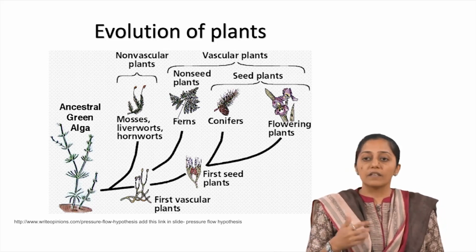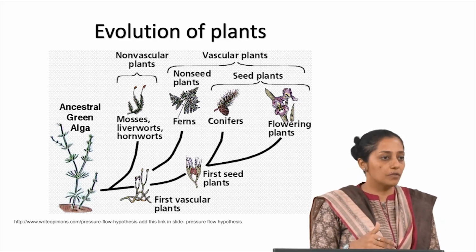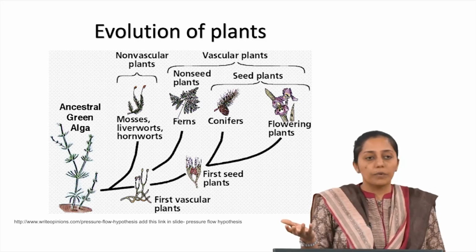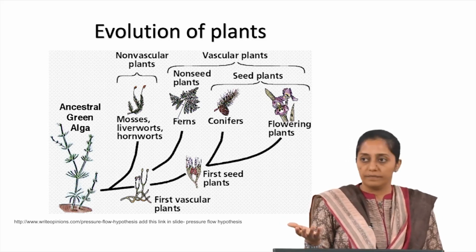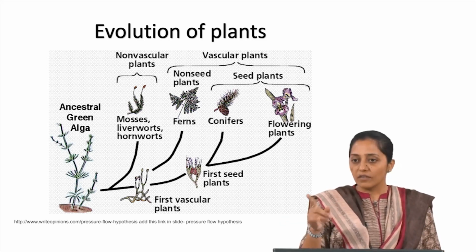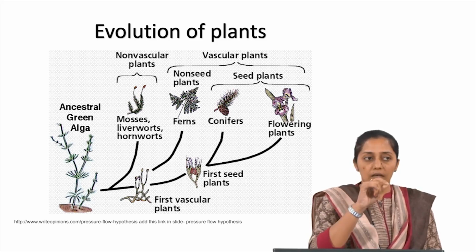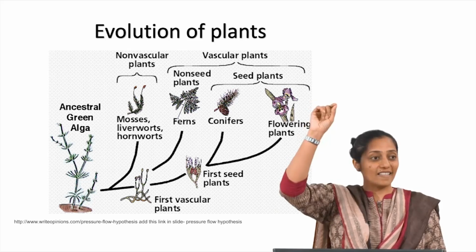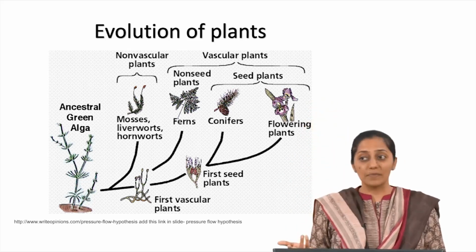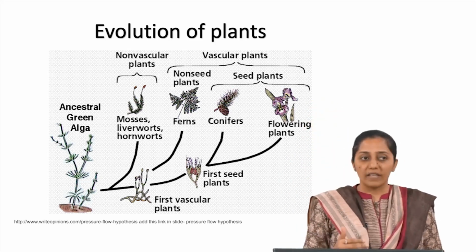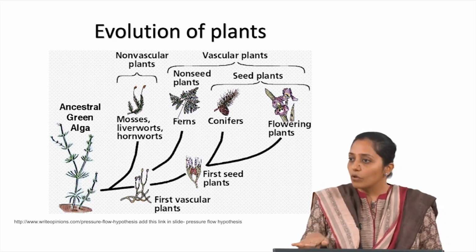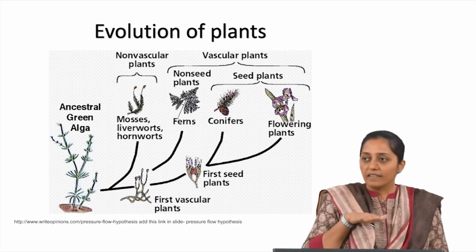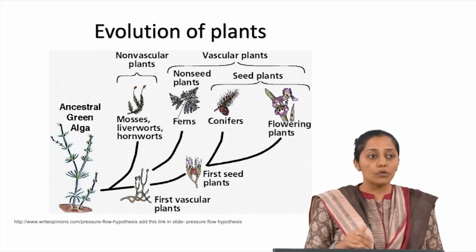So these plants, in order to survive, what would be the best way to survive? Because the vascular bundle is missing, the mechanism to transport water and minerals to long distances against gravity is missing. So they will have to grow crawling at the level of the ground.